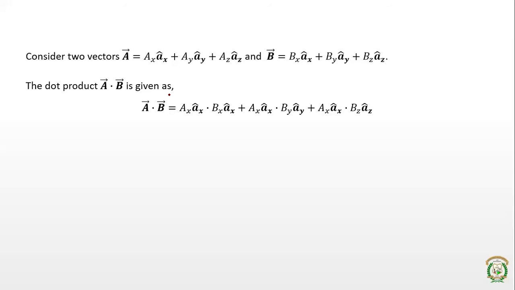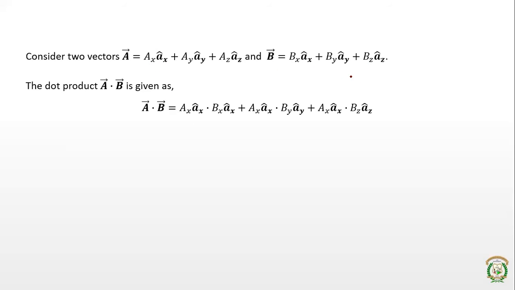So you can use the distributive law. This dot product follows the distributive law also. So you multiply each term of a with each term of b, as you do normal multiplication. Ax dot bx, that is the first term. Then ax dot by plus ax dot bz. So this is multiplying ax, the first term of a, with each term of b.